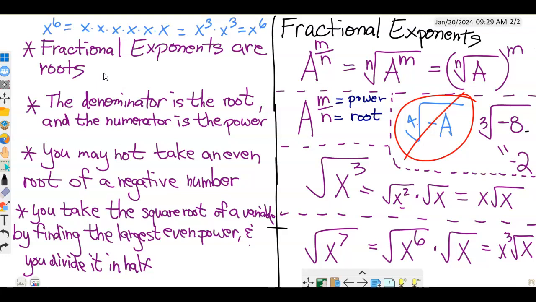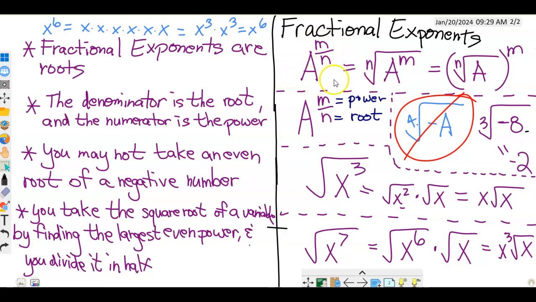If it's a perfect square, like 4, 9, 16, 25, etc., it is a rational number. But if it is not a perfect square, it's an irrational number. But it's still real. Okay? So instead of using a radical sign, you can use a fractional exponent.